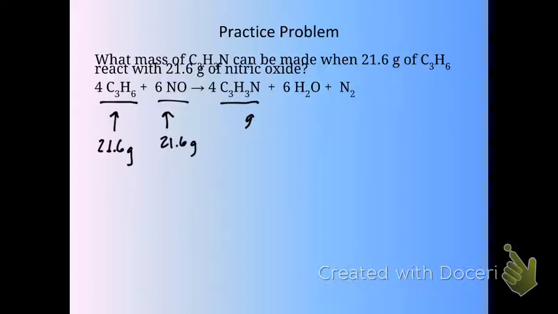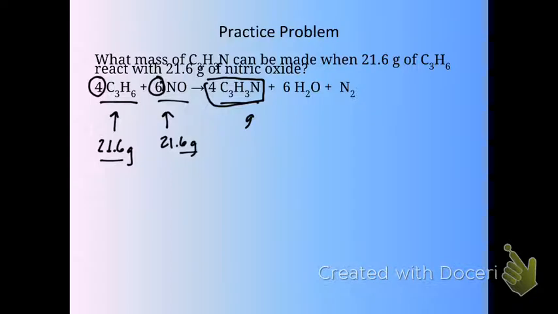Although they have the same mass, you'll notice these are molar ratios, and they're different. So we have to convert these to moles and then take a look at that ratio. The easiest way of figuring this out is to determine how much of the final product each will make.